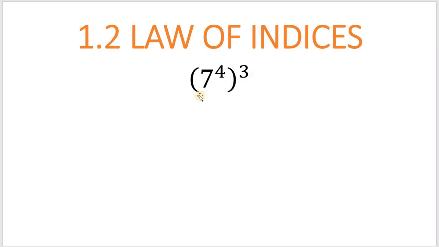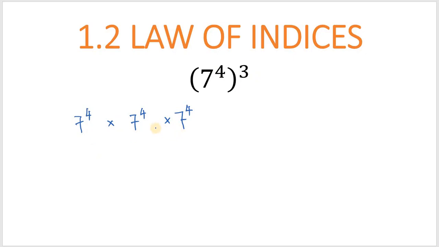For example, this one is 7 power of 4, and then the whole thing is power another 3. So this means we have 7 power of 4 times 7 power of 4 times again 7 power of 4, because cube. So I repeat 7 power of 4 three times.